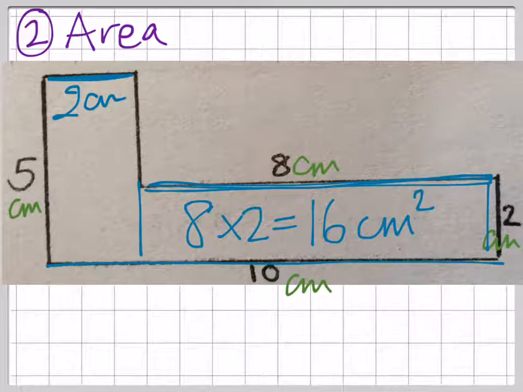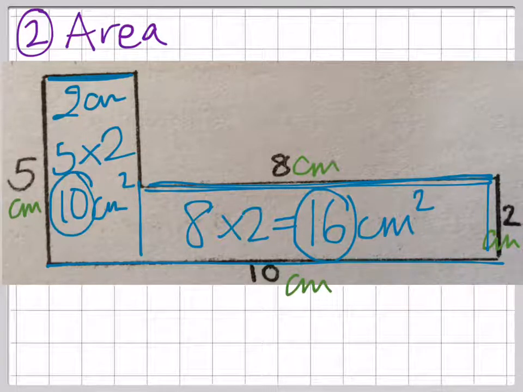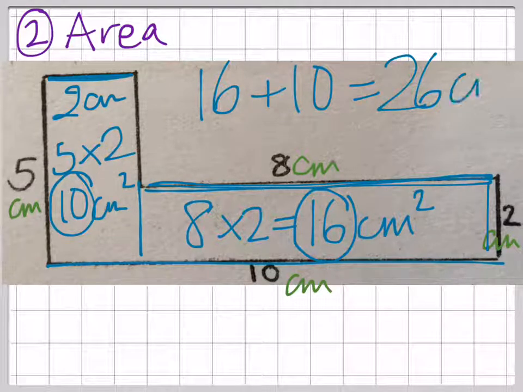So the area of this left-hand rectangle would be 5 times 2, which gives us 10 centimetres squared. So altogether, if we add together the area of this one and the area of that one, 16 add 10 would give us 26 centimetres squared.